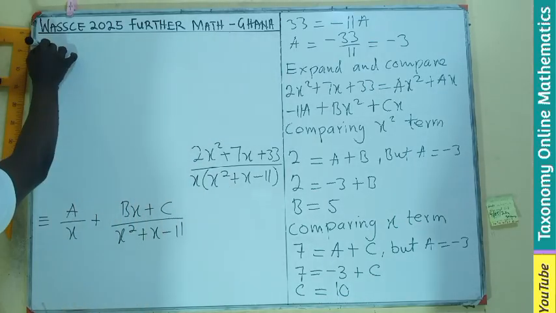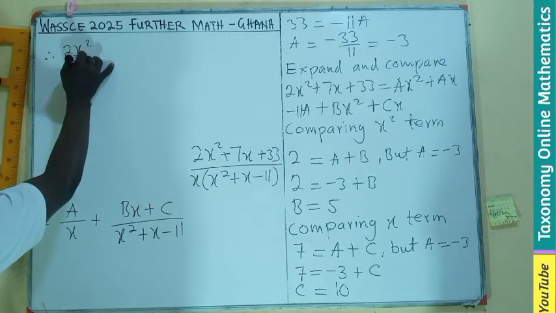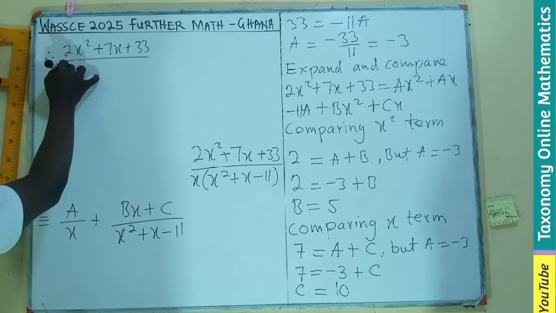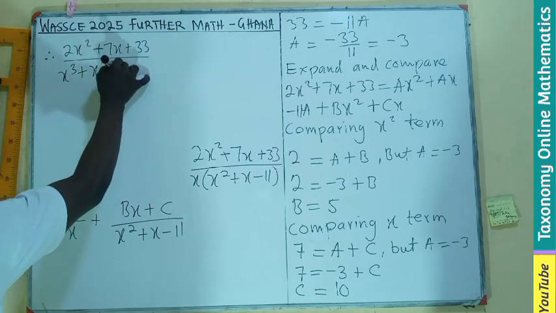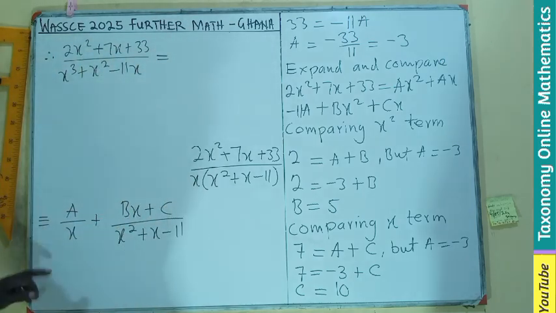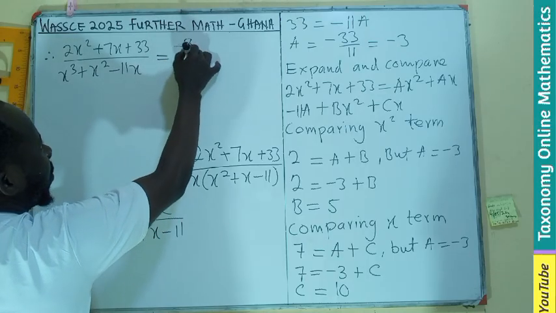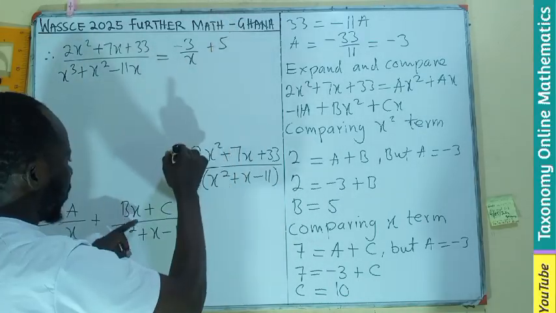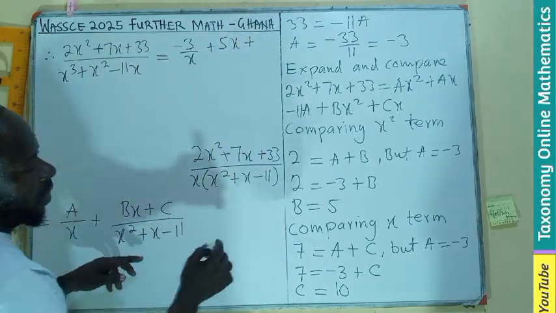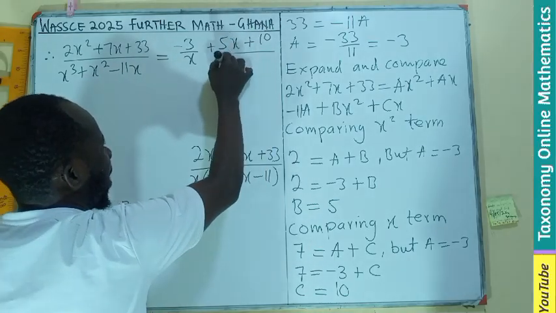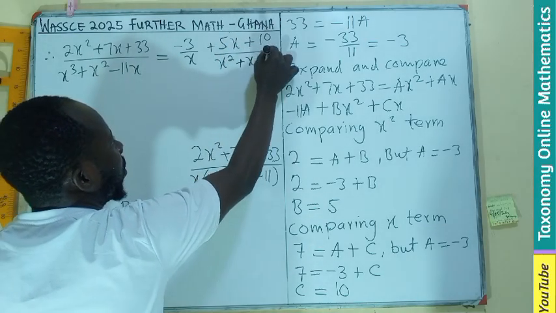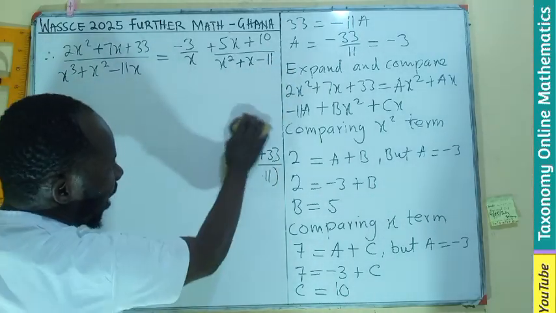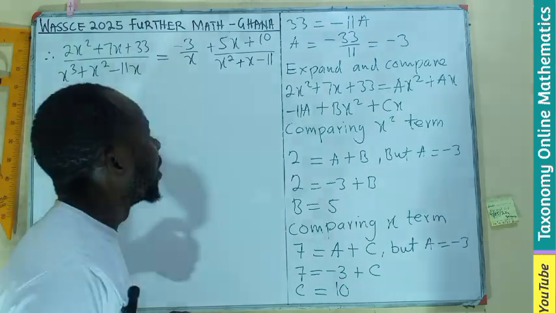So, therefore, (2x² + 7x + 33) divided by (x³ + x² − 11x) is equivalent to −3 over x, remember A is −3, plus (5x + 10) divided by (x² + x − 11).